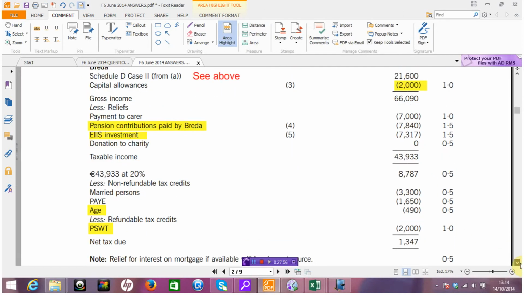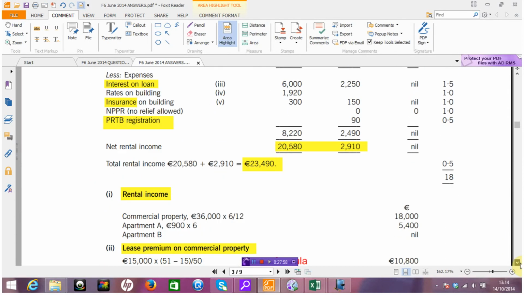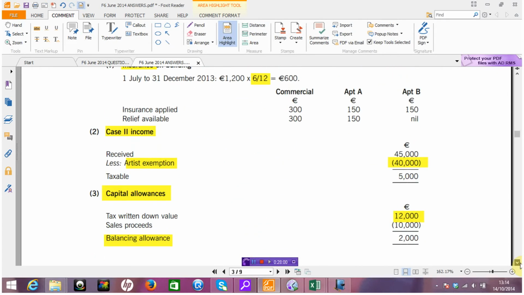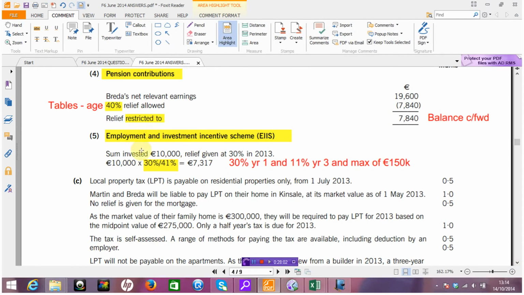Okay, so if we look down at working number 5, if you bear with me 1 moment, we'll see that the sum invested was 10. Okay, so that's the subscription value in the shares. And what we should recall from our studies is that for EII, the relief is in effect 30% in year 1 and a further 11%, if that's relevant, in year 3, subject to a max of 150, which isn't relevant in this particular case.